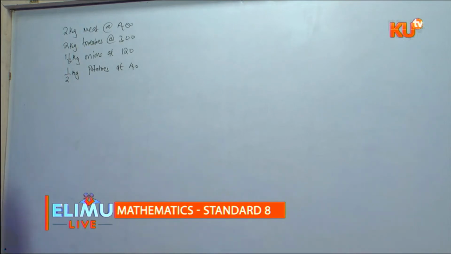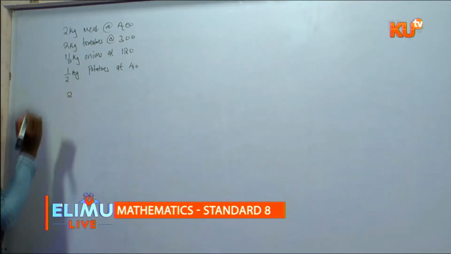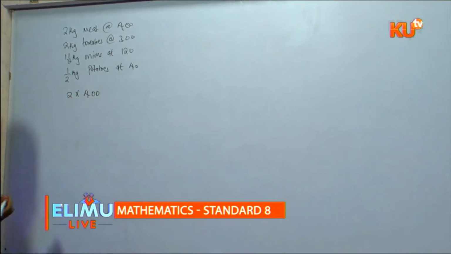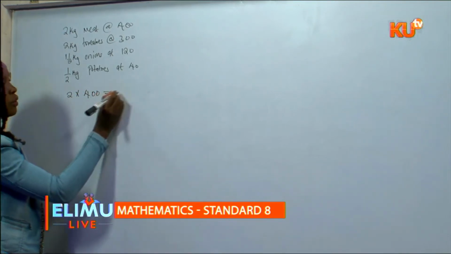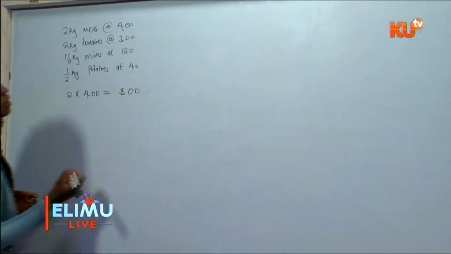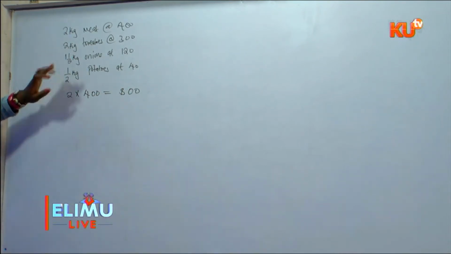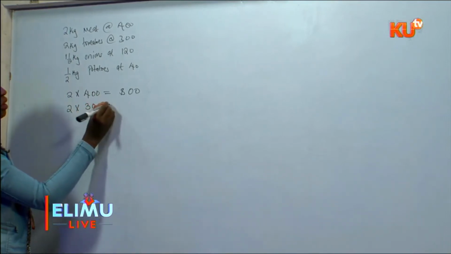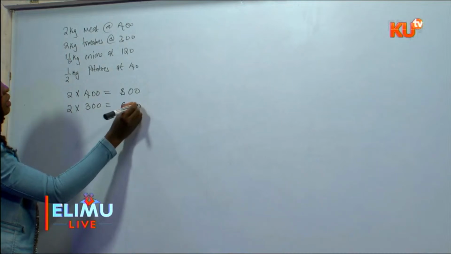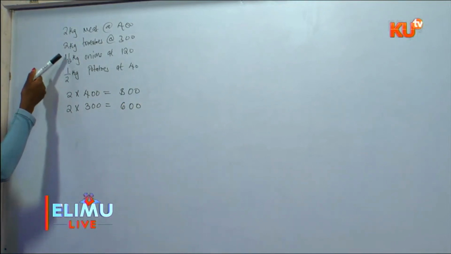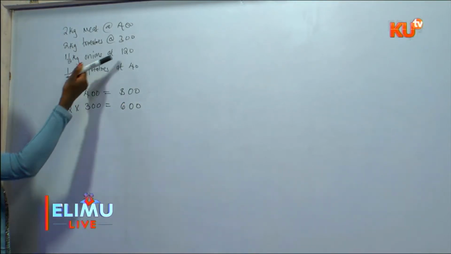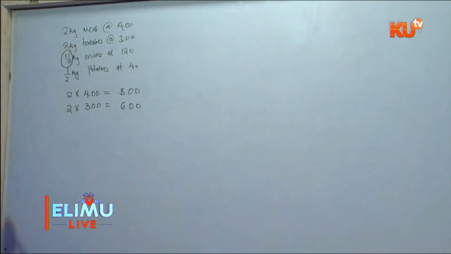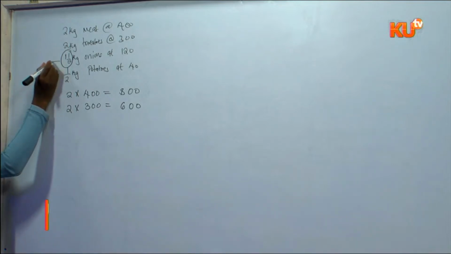So first we get the total. It is the number of kgs for meat times the cost of 1 kg. 2 times 400, we get 800. Then 2 times 300, we get 600. And then we have 1.5 kgs onions at 120. This 1.5, we change it to an improper fraction for the sake of multiplication.